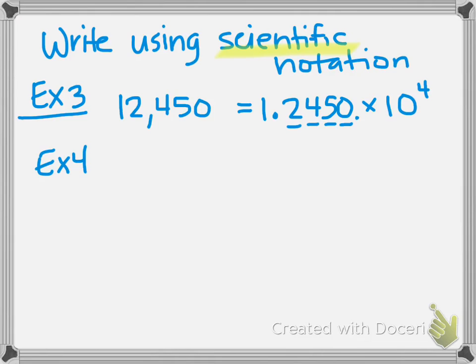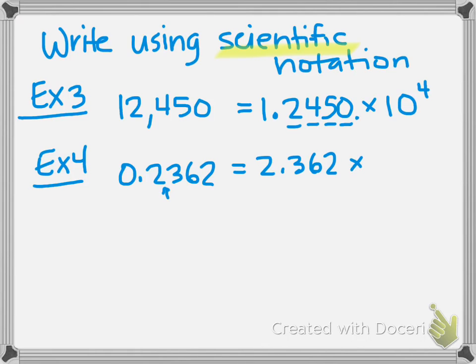Example 4, 0.2362. Okay, between the first two regular numbers other than 0, so that would be between the 2 and the 3 right there. So that's 2.362 times 10 to the, in order to get it back to where it was, the decimal was over here on the left, times 10 to the negative 1.